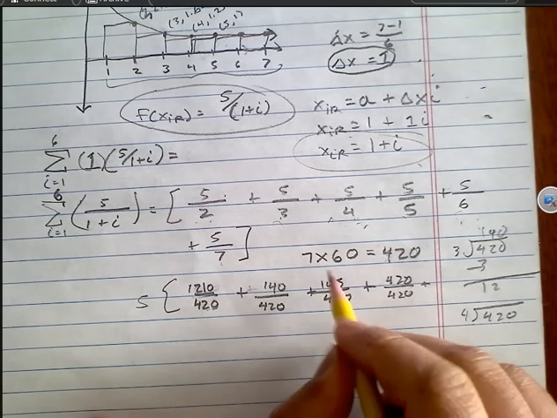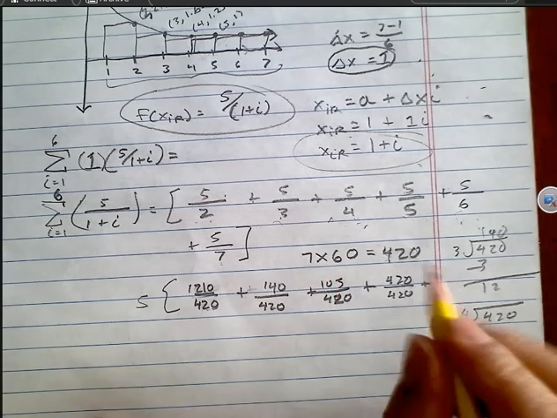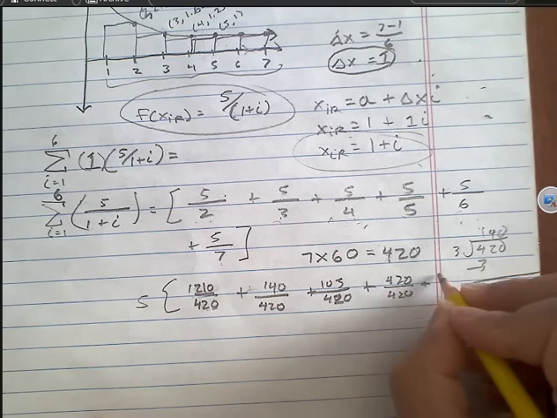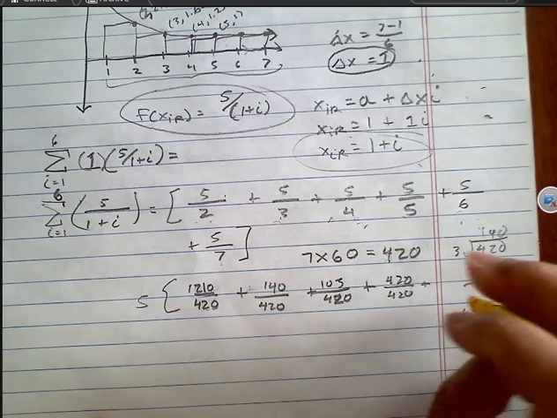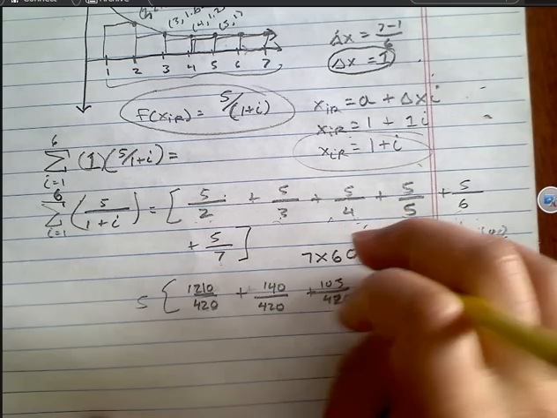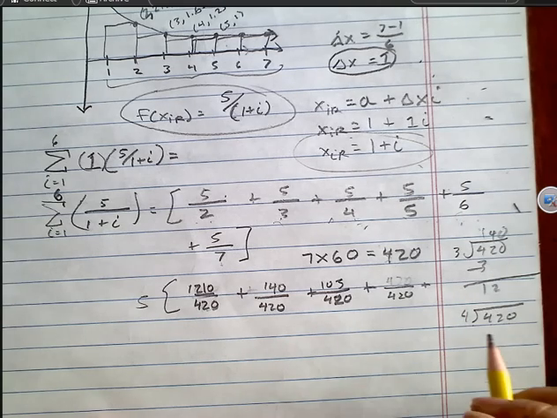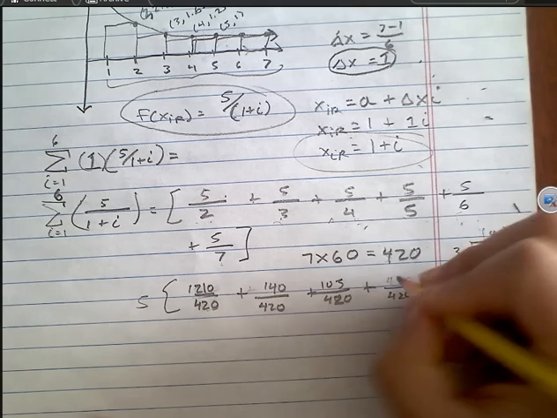I think 6 goes into 420 70 times. So no, it's not 400. Is it 420? No, how many times does 5 go into 420? No, 5 doesn't. Yeah, so I'm sorry y'all.